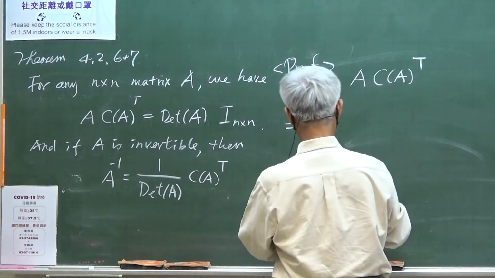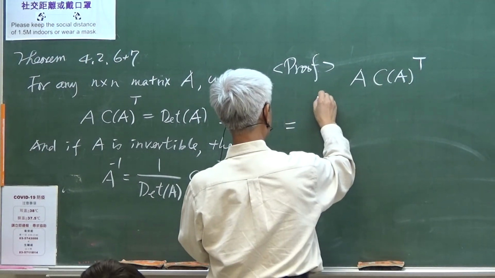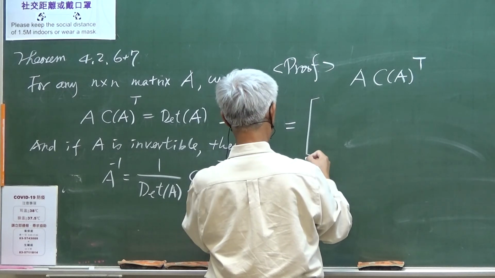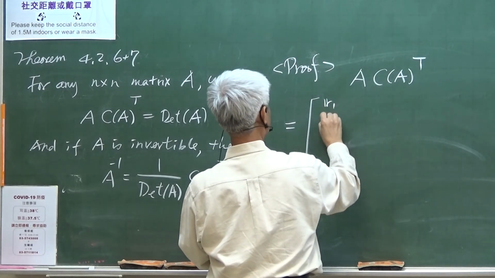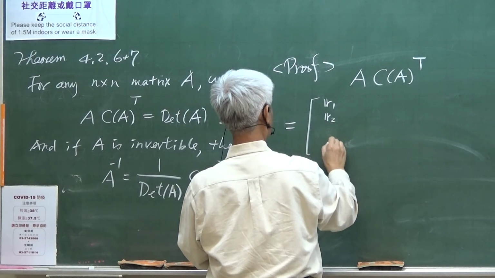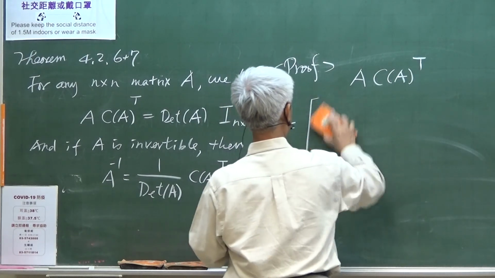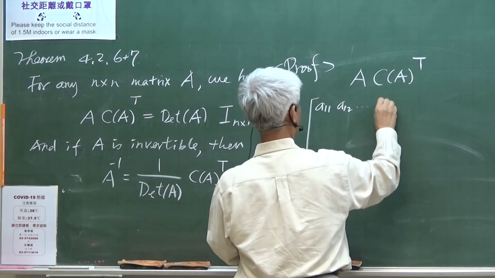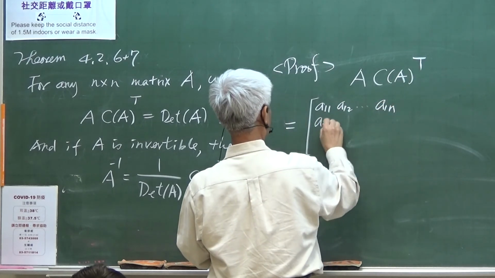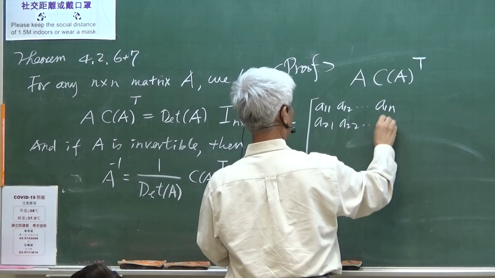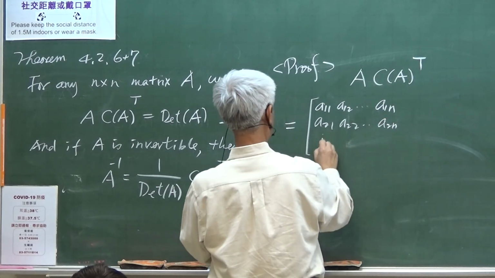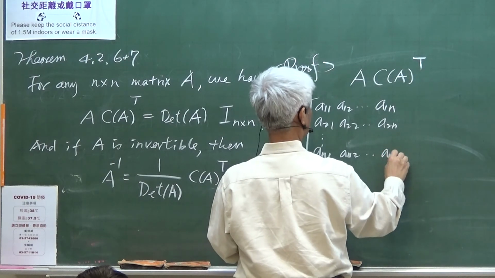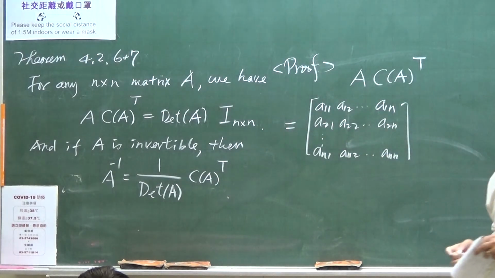So what is the multiplication? You have row 1, row 2, and so on. Just write down a11, a12, a1n, a21, a22, a2n, an1, an2, and so on. Okay, this is matrix A.